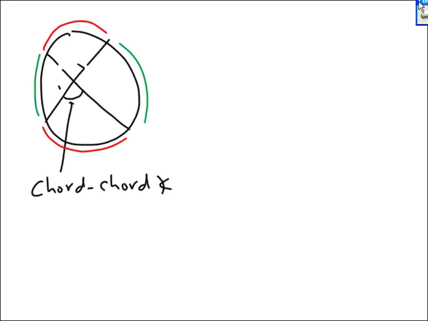Well, it turns out that the angle in question, so let's label this A, B, arc A, arc B, arc C, and arc D. And we'll call this angle X. Turns out that angle X is the average, the measure of arc A plus the measure of arc C over 2.